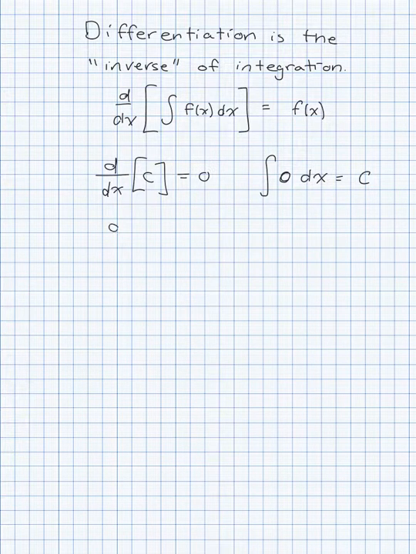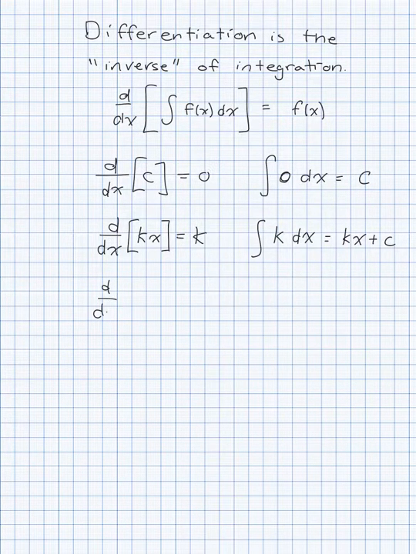We also know that the derivative of some constant k times x is equal to k. And so if we wanted to go in the other direction, if we were integrating k dx, then we get k times x plus the constant of integration.